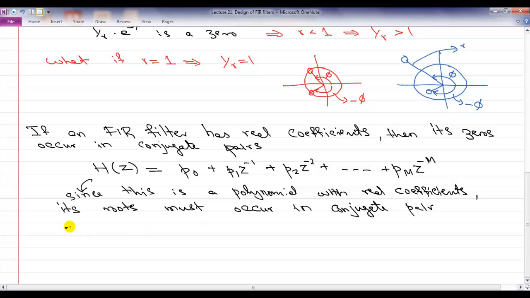Which means that if z equal to, let's say, z_k is a 0, then the conjugate of that, z_k conjugate, must be a 0 also.